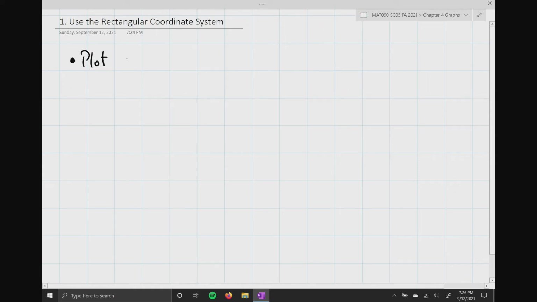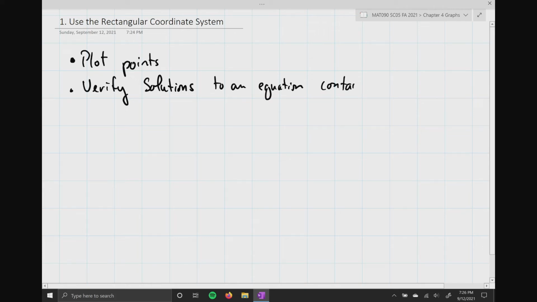we're going to learn how to plot points. We're going to learn how to verify solutions to an equation containing two different variables.